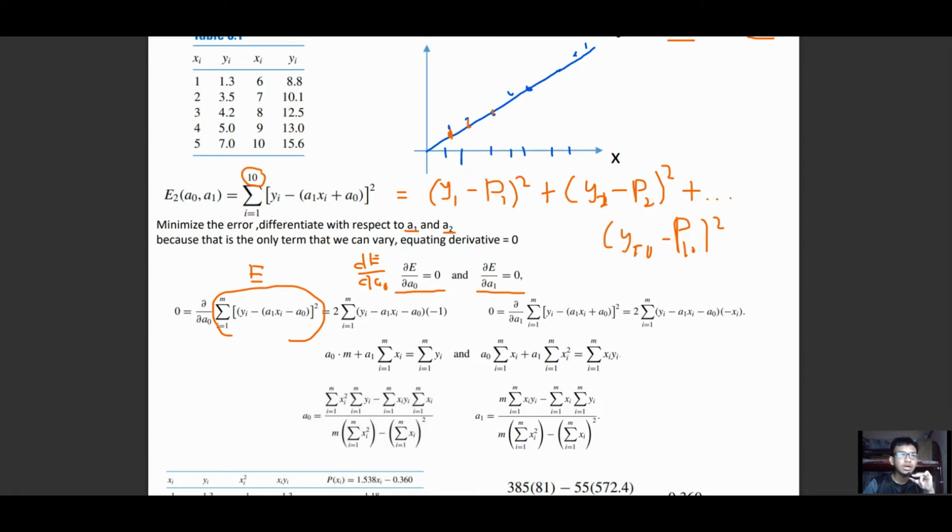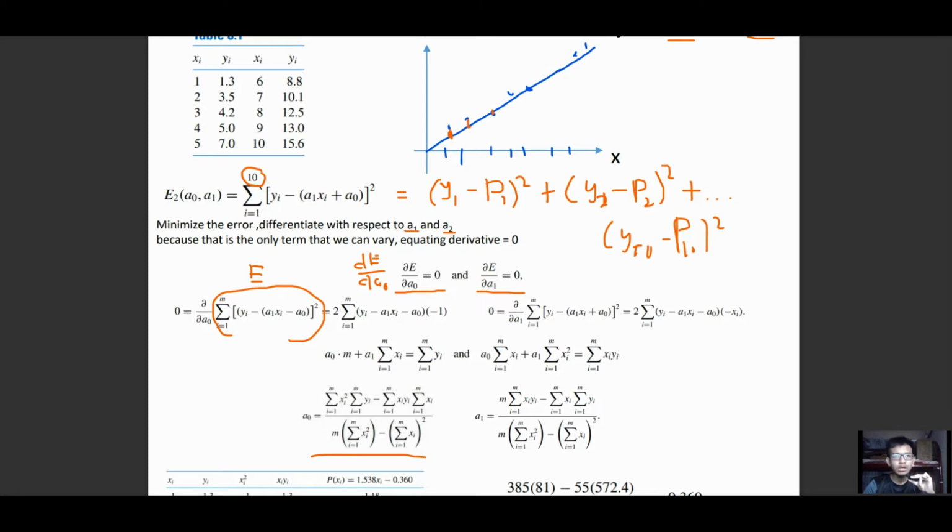M will be equal to, we cannot use 10 here. We will just use some variable M, because we want to find this general formula. So instead of using 10, we put variable M to generalize the formula.